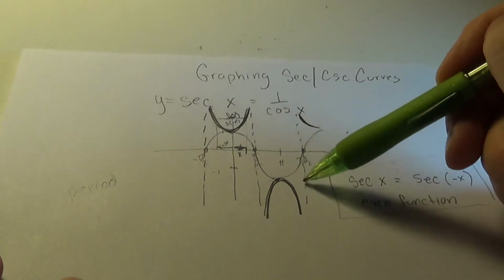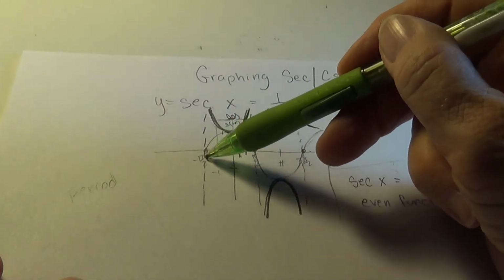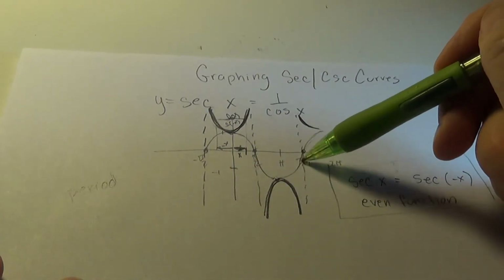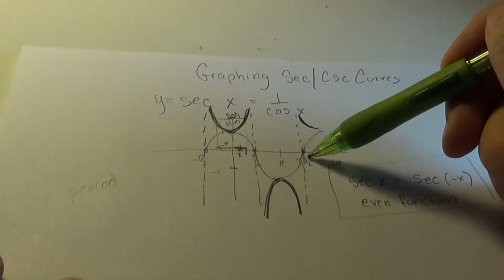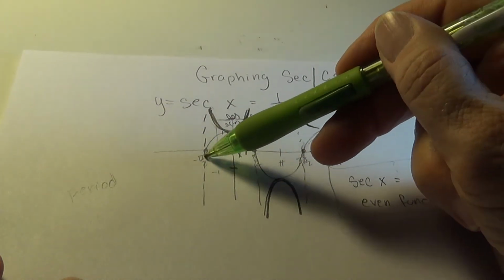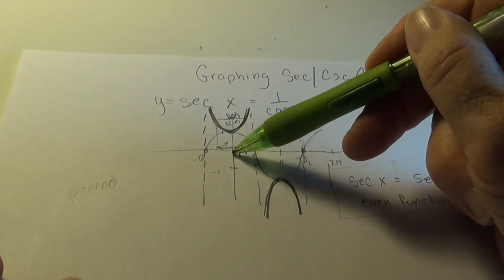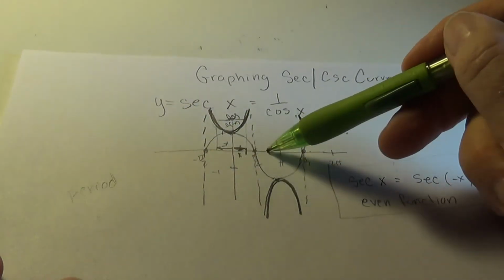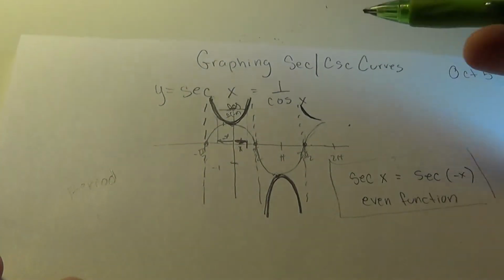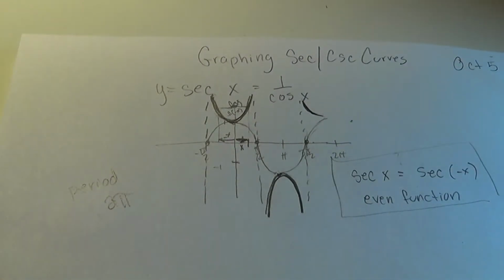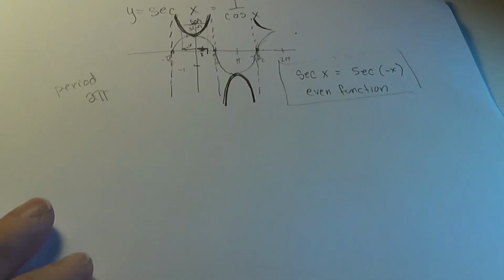How long is that? Well, this value right here is 3 pi over 2 from the origin, and this value here is pi over 2 from the origin. So from here to here, thinking positive numbers, we have pi over 2 plus 3 pi over 2, which is 4 pi over 2, or 2 pi. So the period for the normal secant curve is 2 pi, and it's an even function.